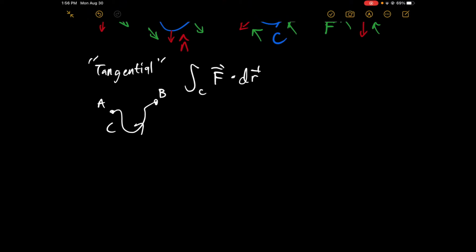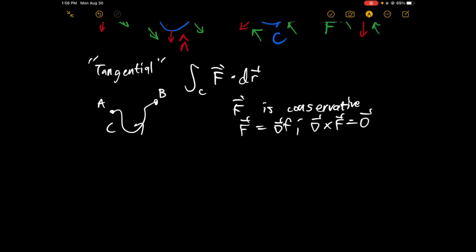But if F is conservative, such that F is equal to the gradient of f, and the curl of F is the 0 vector, and of course, if f is well defined, then we reach the fundamental theorem for conservative vector fields, or I'll call it the first fundamental theorem.